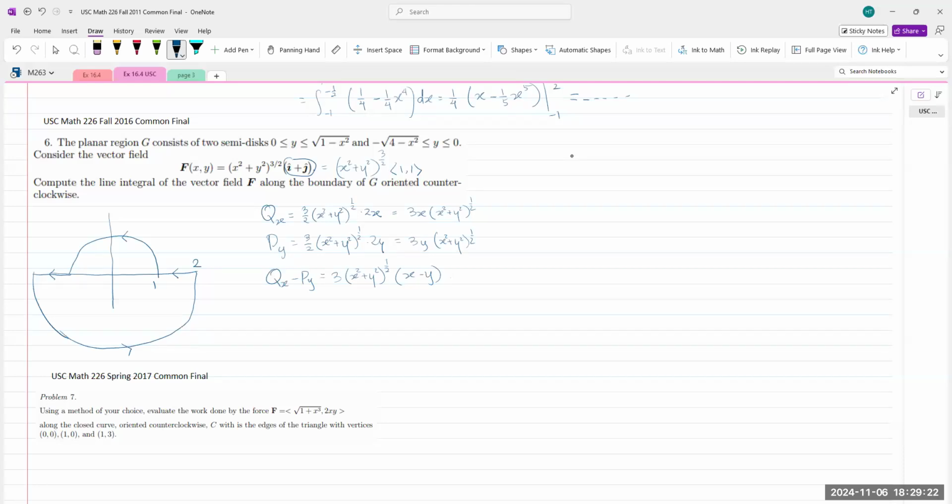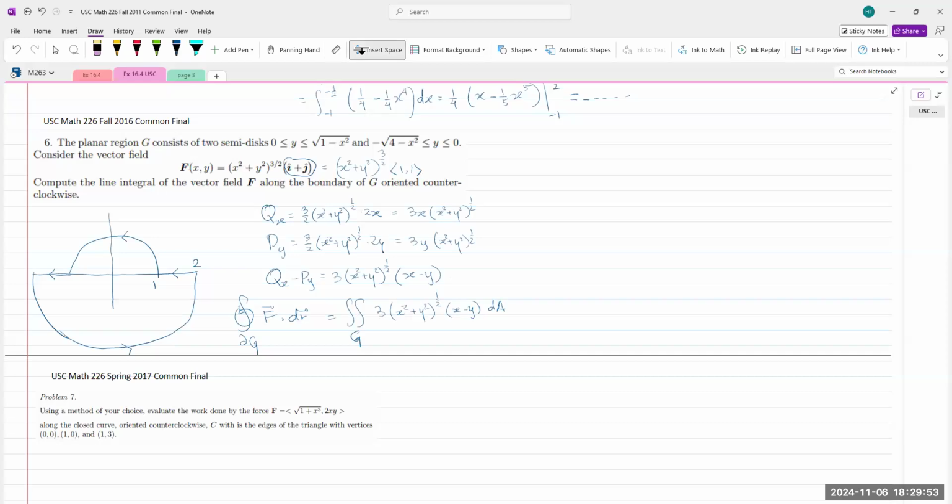Okay, so the line integral over the boundary of G of F dot dr is equal to the double integral over the domain G of 3 times x squared plus y squared to the power of 1/2 times x minus y dA.